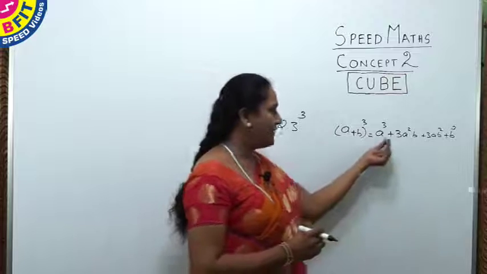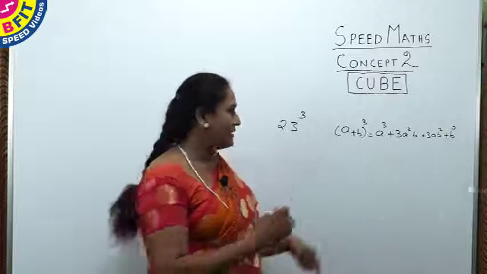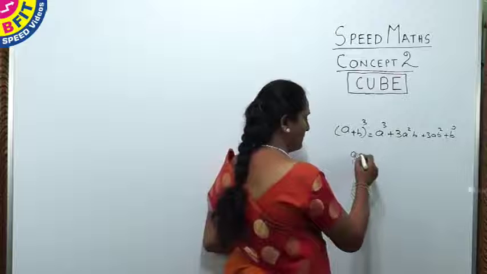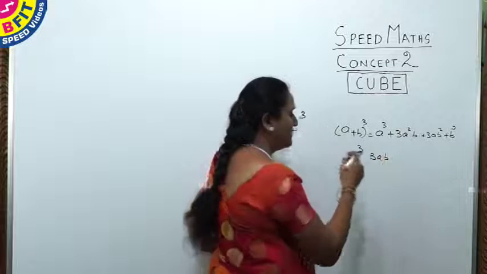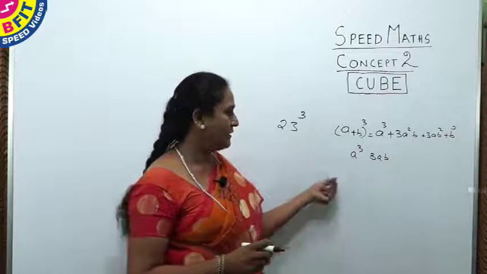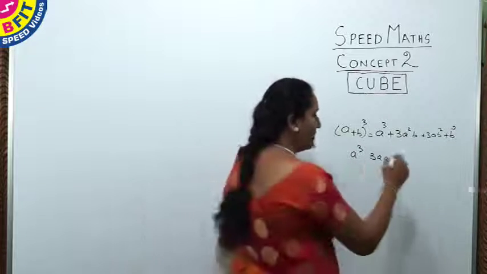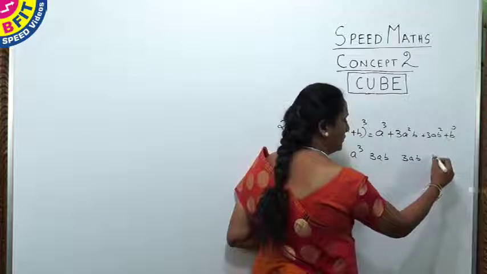Now instead of having 3a square b and 3ab square, we can also write this as a cube, 3ab, repeat this 3ab, and then write b cube. So just by writing the placement of digits, we can avoid this addition here.